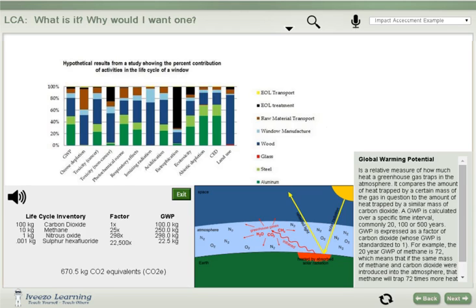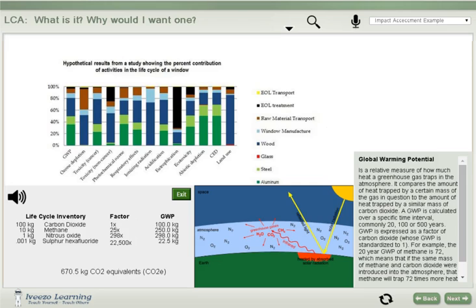A gas's potential in relation to CO2 to absorb infrared radiation is reflected in the factors you see listed on the left. So carbon dioxide, CO2, is the baseline with a factor of 1. Methane is 25 times more potent, and nitrous oxide 298 times more potent at absorbing infrared radiation than carbon dioxide, CO2.